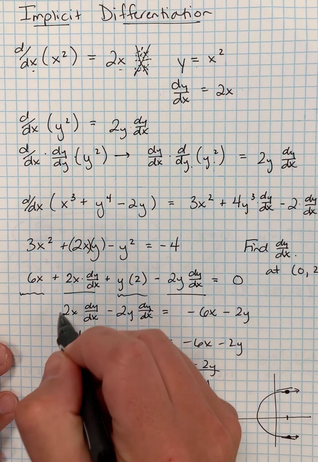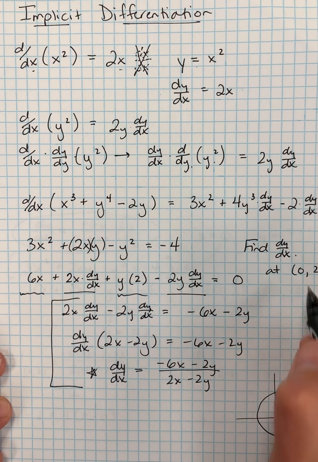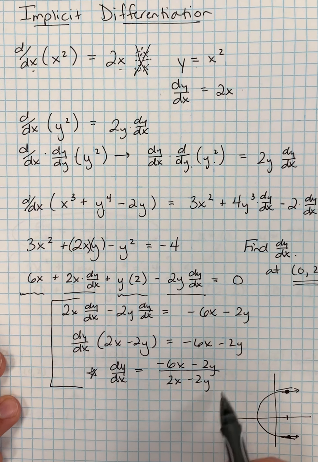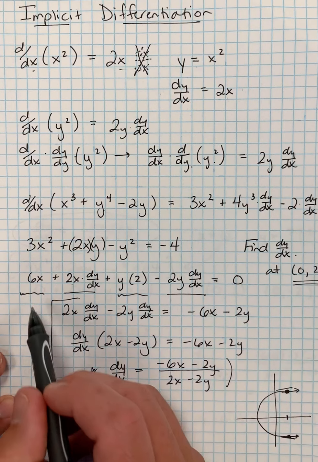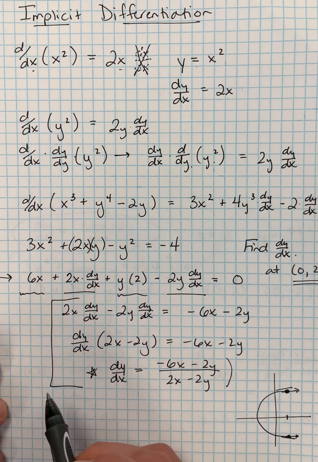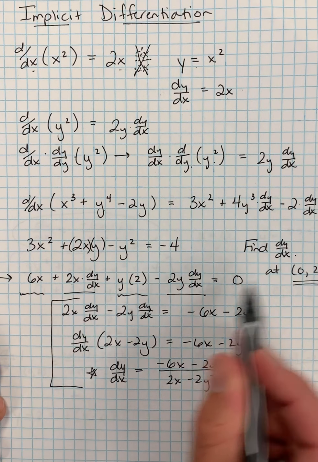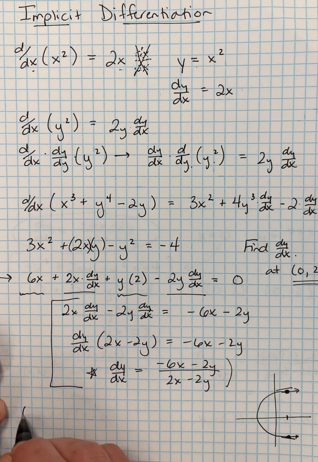You can bypass all of these steps and streamline your work, knowing that you really don't want dy/dx at any point like you found here. What you really want is dy/dx at the point (0, 2). So if you implicitly differentiate, you can streamline your work by putting in 0 for x and 2 for y right now. Let's see if the result is the same.